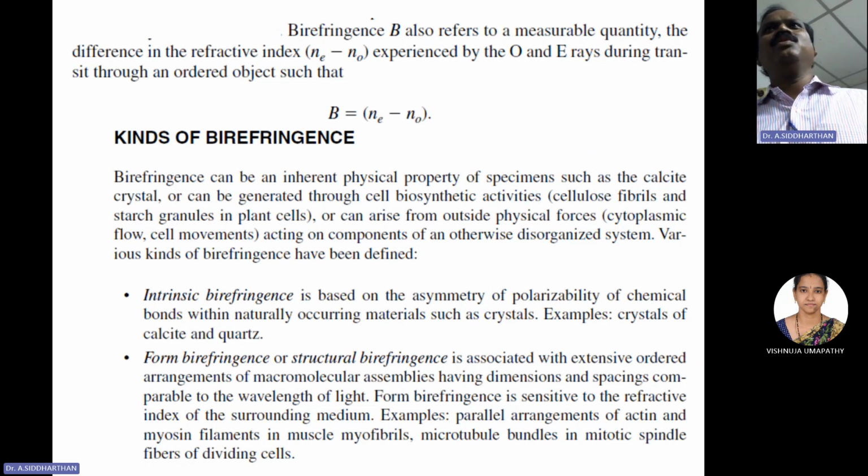But that type of study is used in crystallography and geology, by people working on minerals. Geology people study a lot of minerals. When they prepare a single crystal, they will be studying a lot of things. So that kind of person will be interested in estimating the refractive index.